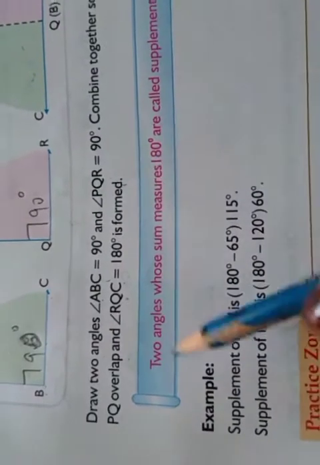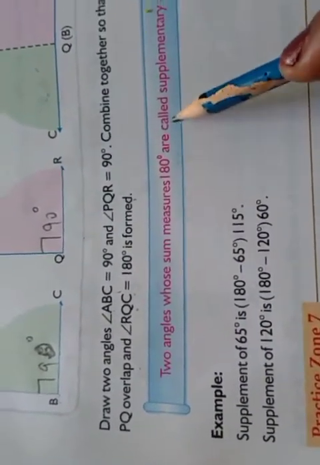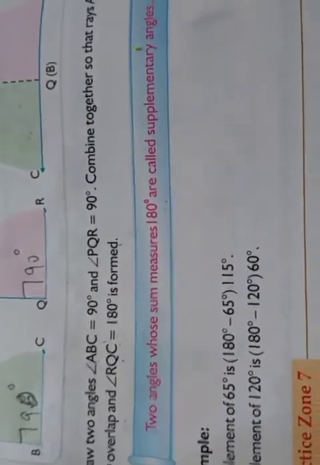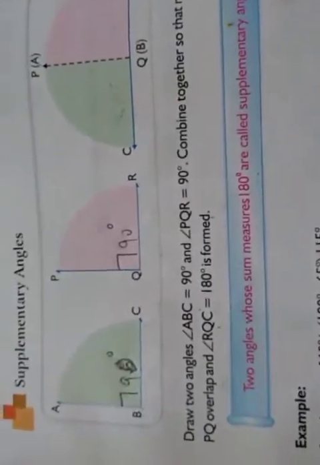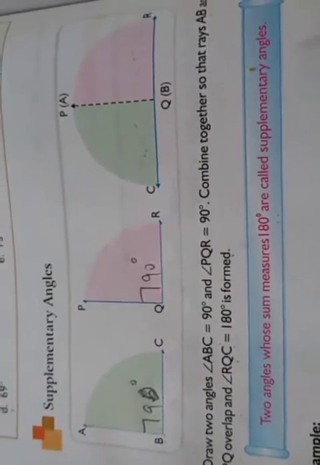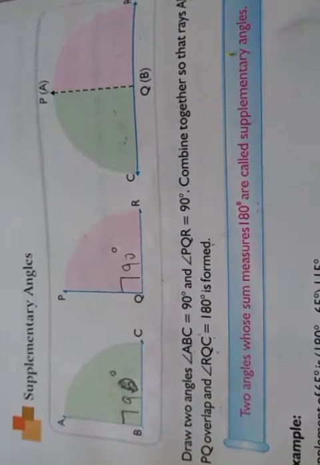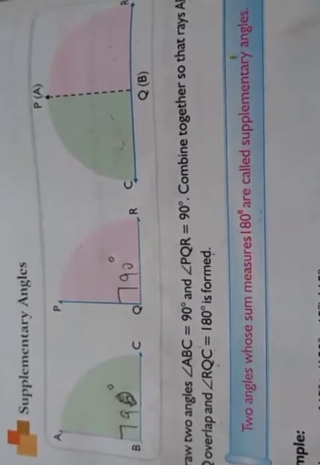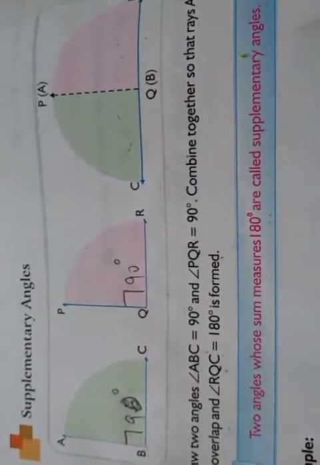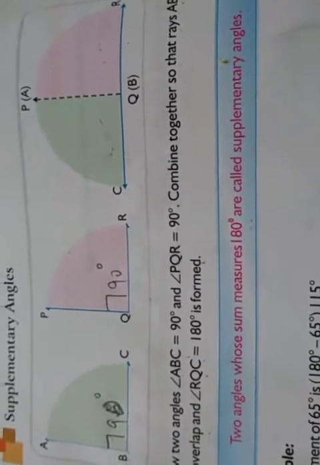So when two angles whose sum measures 180 degree, they are called supplementary angles. We can say when the total of two angles is equal to 180 degree, the angles are called supplementary angles.